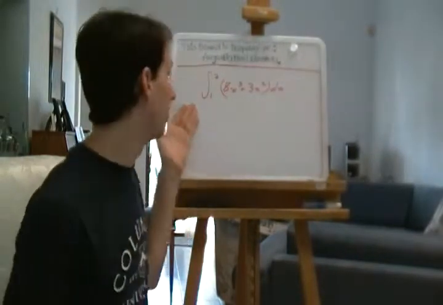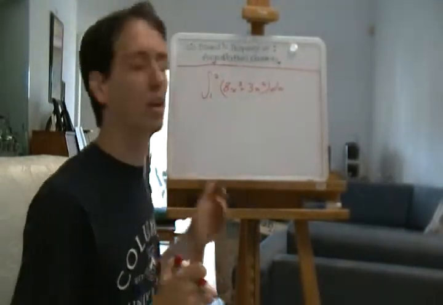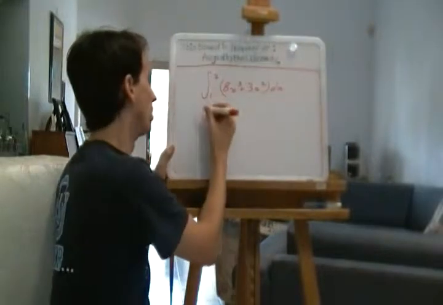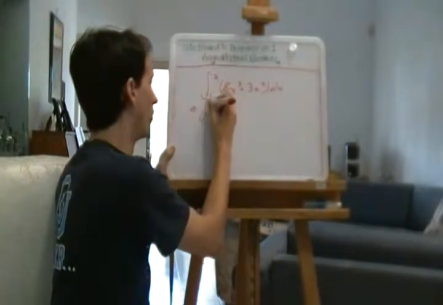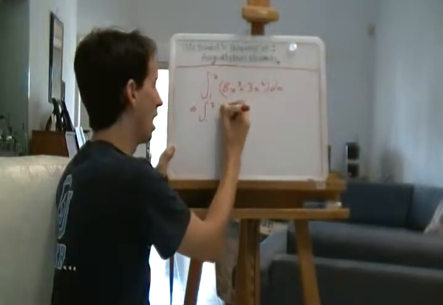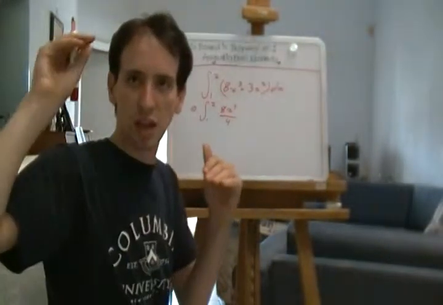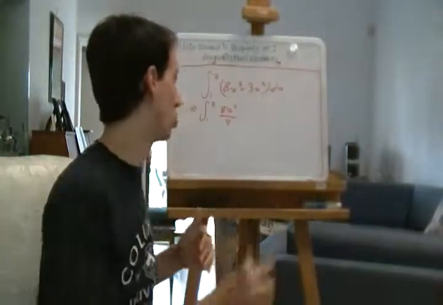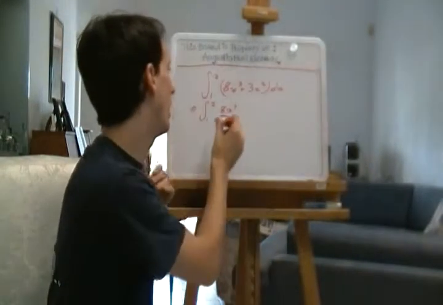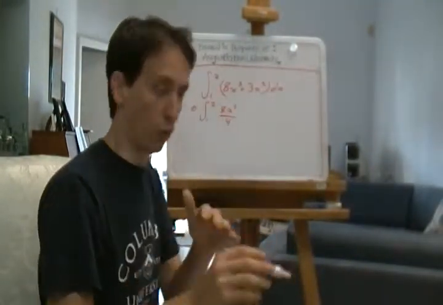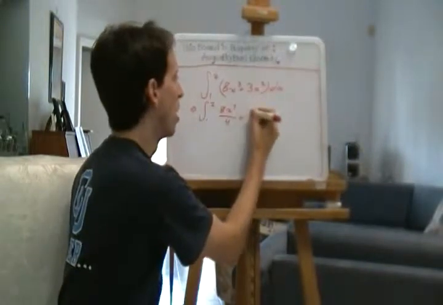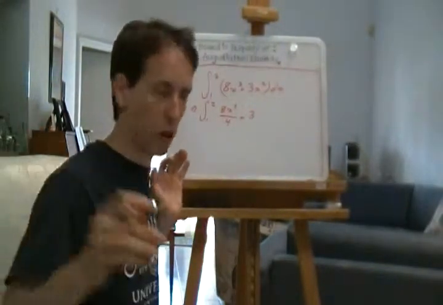This is very easy. It's a very basic integral where we're going to be using the power rule. So we have the integral from 1 to 2, 8x to the 4th over 4. Remember, it's x to the n plus 1 over n plus 1, with n being 3. So 8x to the 4th over 4, plus 3x to the n plus 1 over n plus 1.